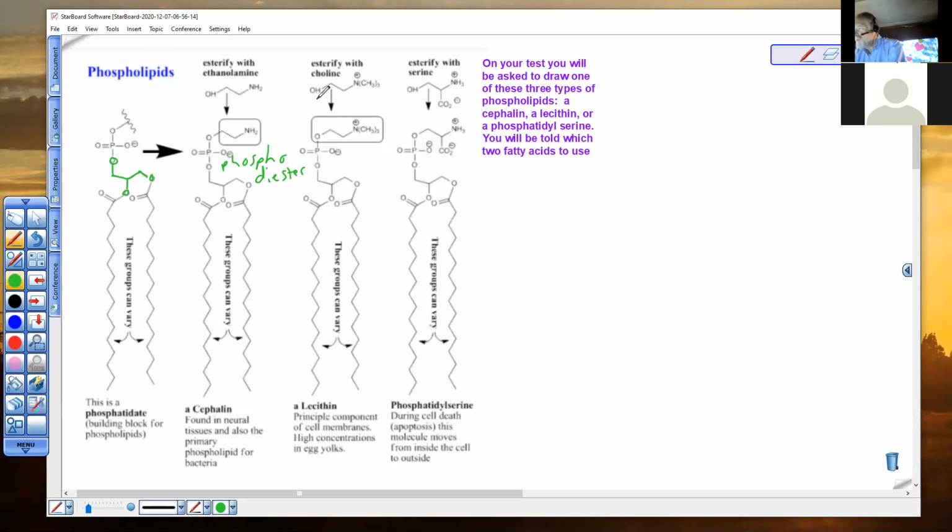Where does choline come from? Well, if you take ethanolamine and do something like we did last test called exhaustive methylation, now in the lab we use a chemical like methyl iodide.